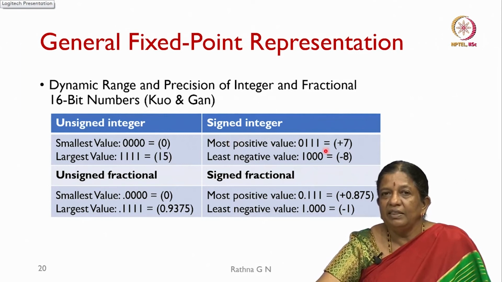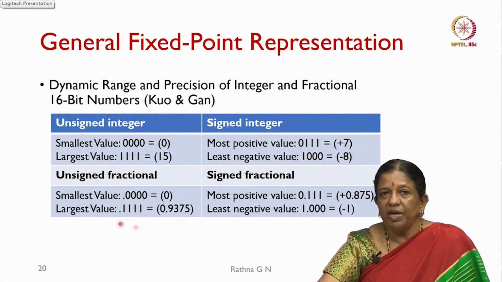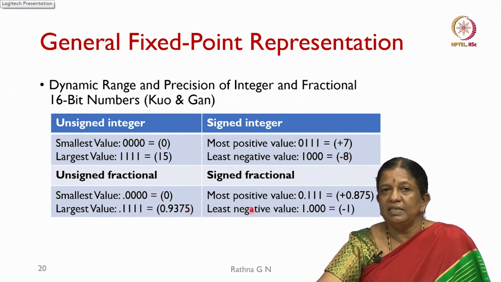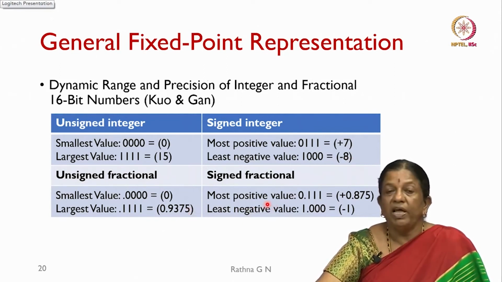And in the signed case it is going to be 7FFF, the positive number will be 32767 and the negative number is going to be minus 32768. In the same way you can calculate the unsigned and signed values.